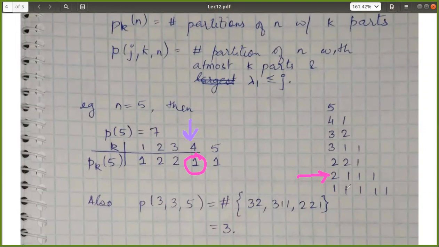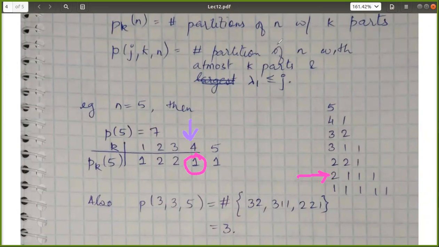So the number of partitions of a natural number n with exactly n minus 1 parts is equal to 1. And what is that partition? 2 followed by ones, n minus 2 many ones. So that is exactly the number.